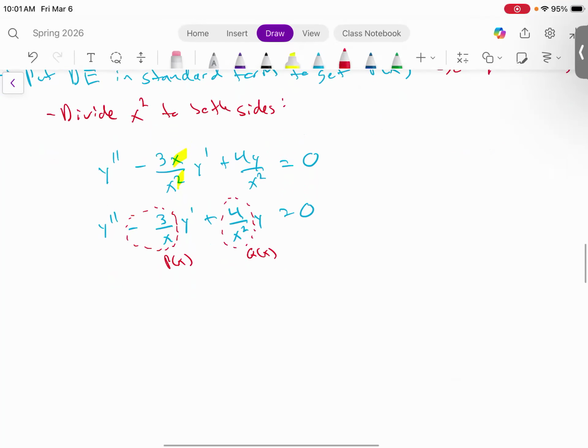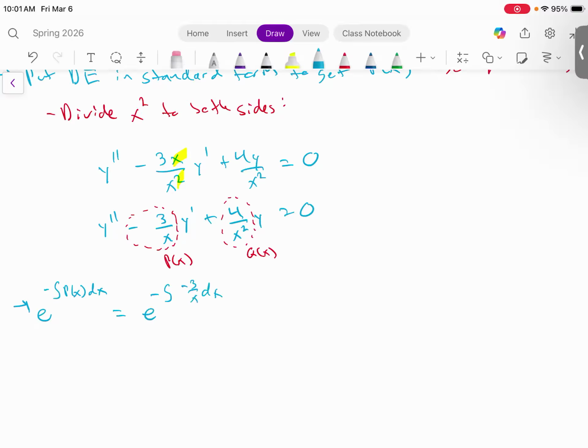So let's go ahead and get that integrating factor now, since we have p of x. So e to the negative integral of p of x dx equals e to the negative integral of negative 3 over x dx. And so two negatives make a positive. And so that would be e to the natural log, absolute value of x.